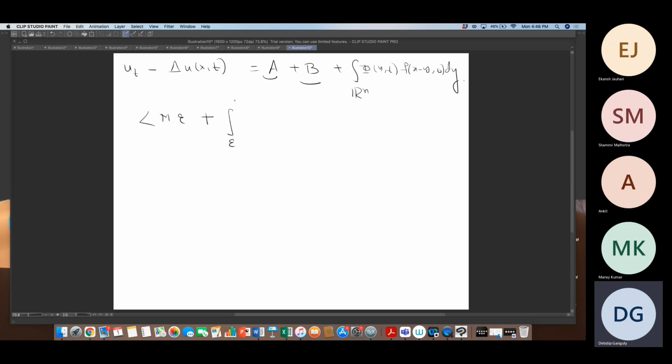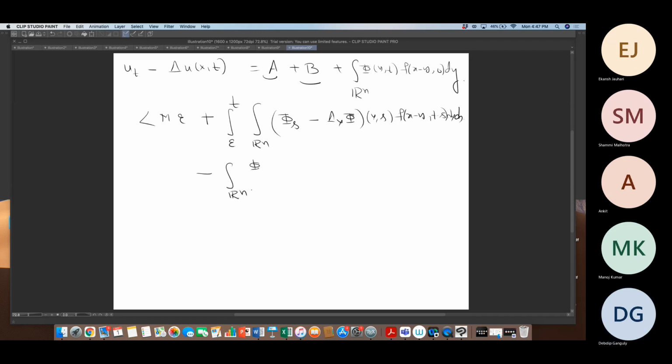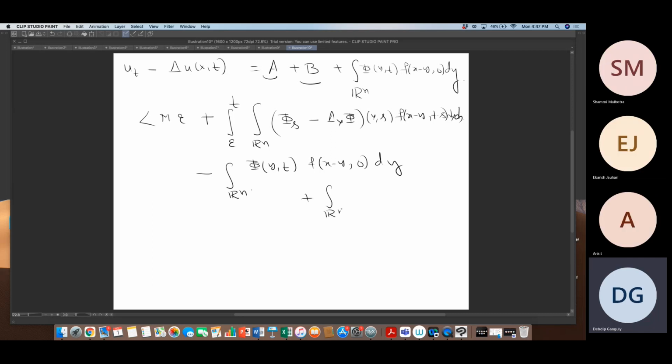B is the integral from epsilon to t over R^n of phi_s minus Laplacian phi at the point (y,s), f of x minus y, t minus s dy ds, minus the integral over R^n of phi of (y,t) f of x minus y, 0 dy, plus the integral over R^n of phi of (y, epsilon) f of x minus y, t minus epsilon, plus the integral over R^n of phi of (y,t).